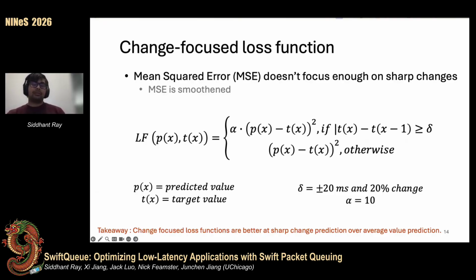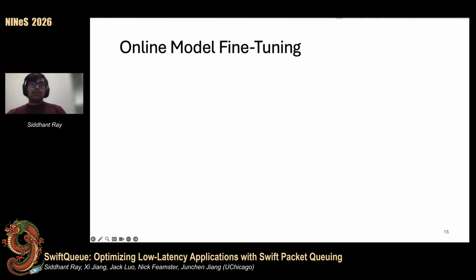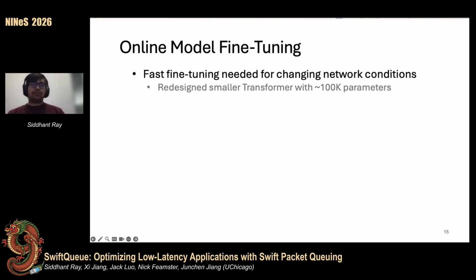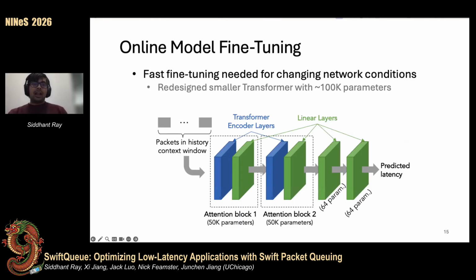We also want to have fine tuning, which is fast, because we want to be able to adapt to changing network configurations. So we have a redesigned smaller transformer, which is around 100,000 parameters. And this is much smaller than the transformers we see for LLMs and other domains in practice, which have millions or billions or even hundreds of billions of parameters. And it can even go up to trillions of parameters for models such as GPT. And then we look at the packets in the context history window.